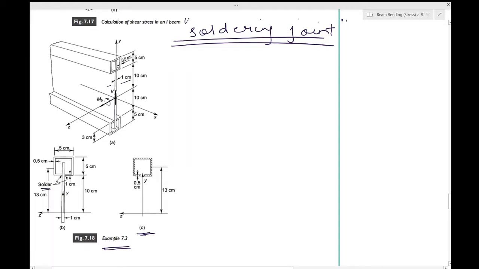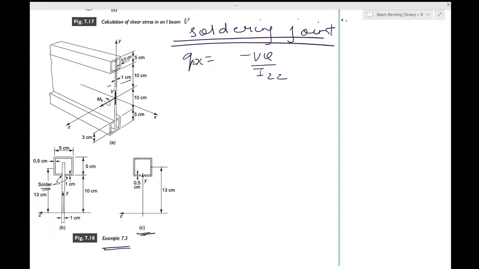If you look at 7.28, we had found that q_zx was equal to minus VQ by I_zz, where Q is the first moment of the shaded region about the z axis, and I_zz is the moment of inertia, which you already know.